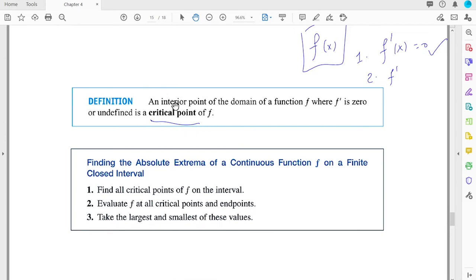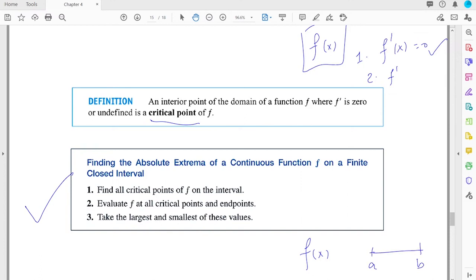And these points are very important for finding the extreme values. Extreme value means largest value and smallest value, and that comes from this rule: finding the absolute extrema of a continuous function f on a finite closed interval. So there is a function f of x that's defined on a closed interval a to b, for example, and this function is continuous.